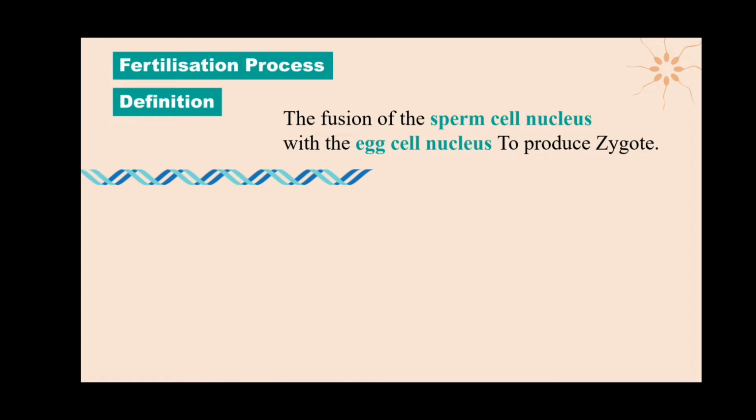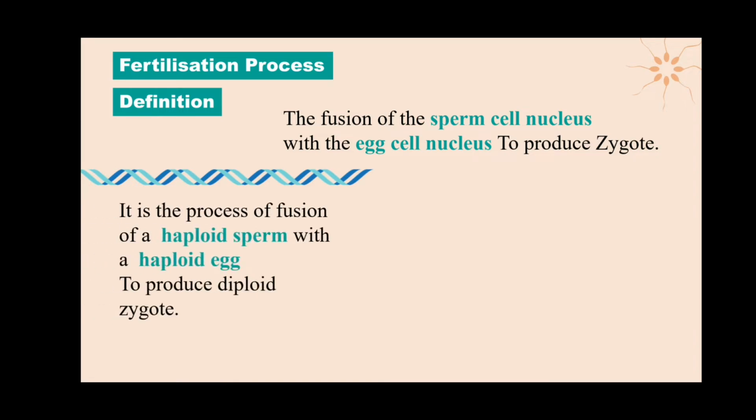Dear student, we can define the process of fertilization in another way also. It is the process of fusion of a haploid sperm with a haploid egg to produce a diploid zygote. Again focus on these two terms, haploid sperm and haploid egg.